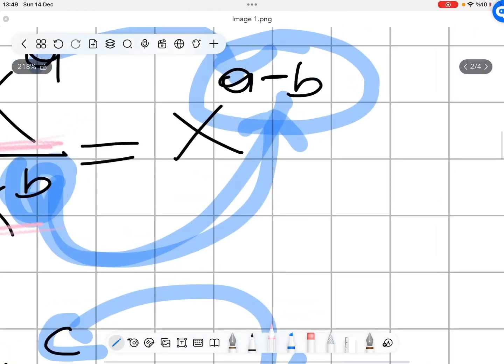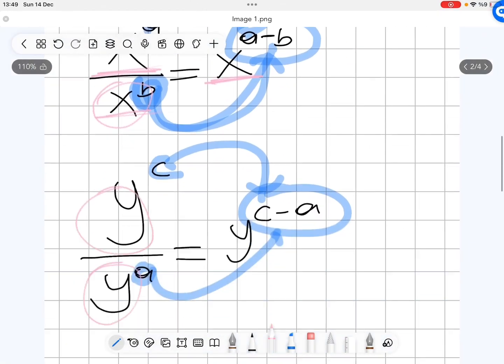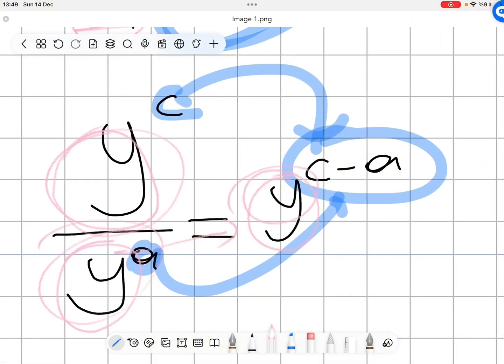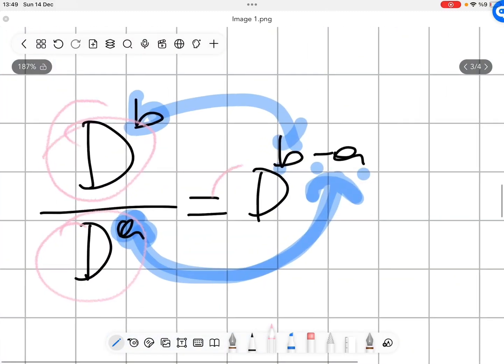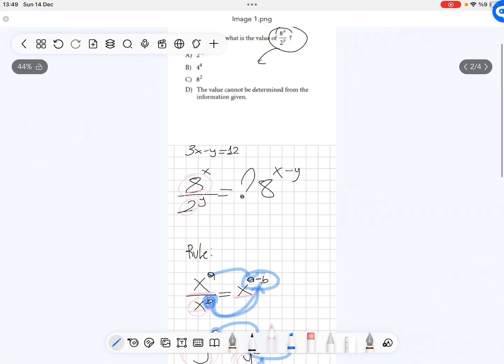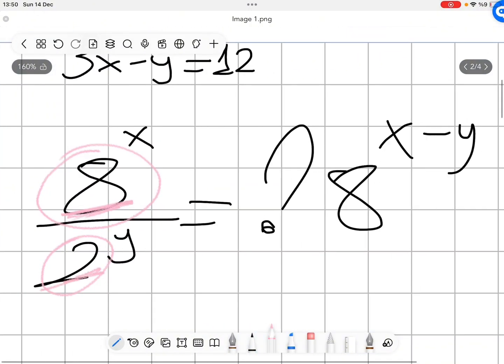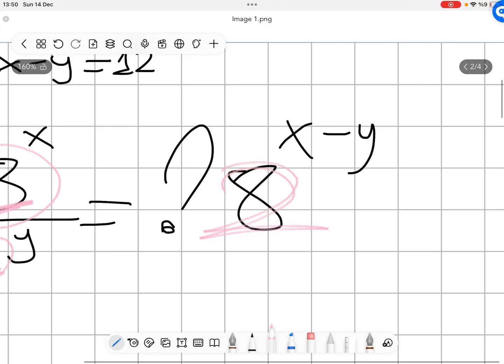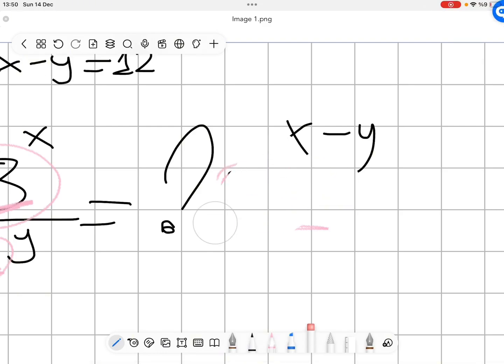So the answer's base is always x if the base is x. The base is y and the base of the answer is y again. And the base is d in here and the answer's base is d again. But as we can see, it's 8 and it's 2, so we can't write 8 or 2 in here.